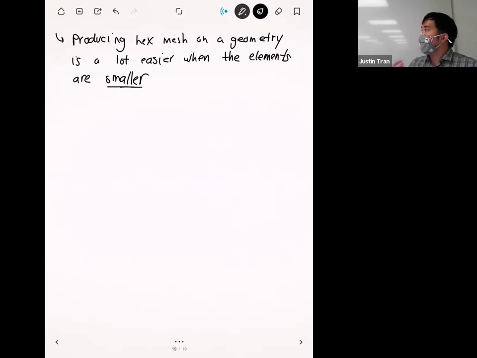But if you have a big chunky hexahedral element, then sometimes it's just impossible to fit that in. Okay, but if you have smaller elements, then it makes it a lot easier for all these little gaps and all these little awkward spaces to be filled.